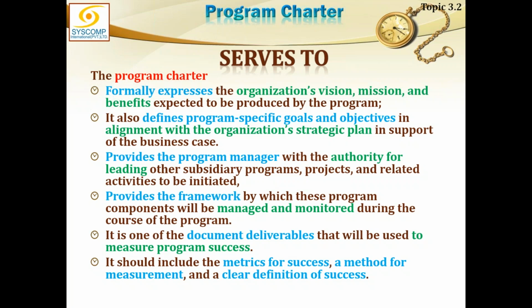Provides the program manager with the authority to lead other subsidiary programs, projects, and related activities to be initiated. So subsidiary programs, sub-programs, projects, and then related activities is the program work. Provides the framework by which these program components will be managed and monitored during the course of the program.